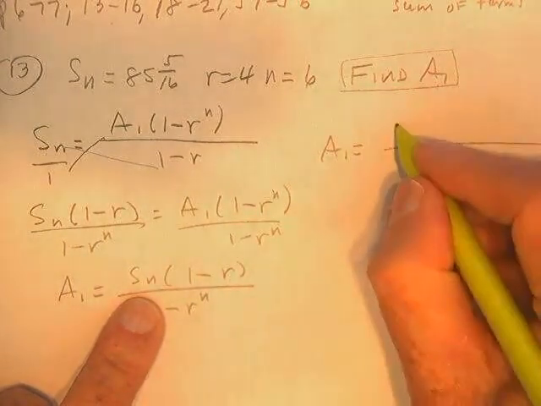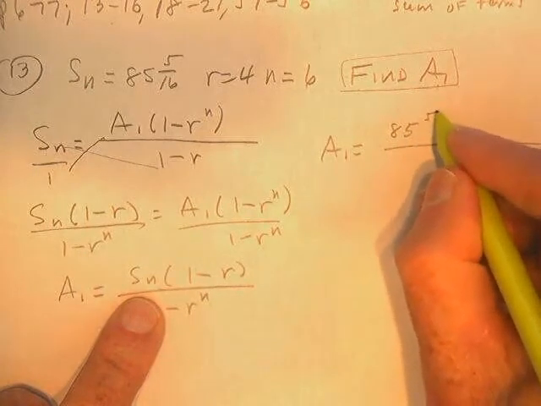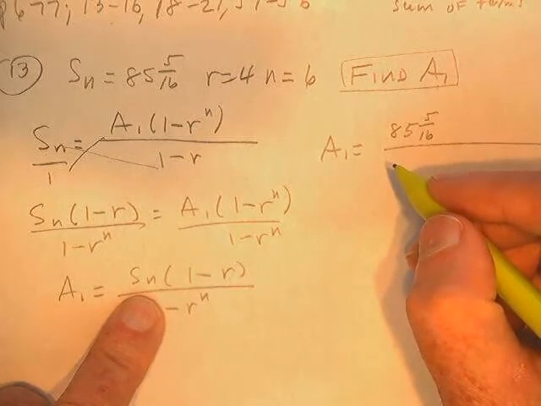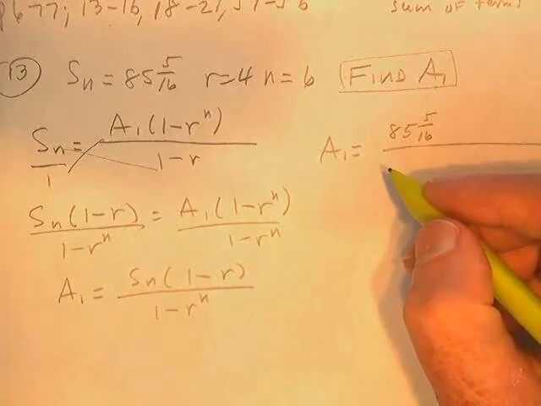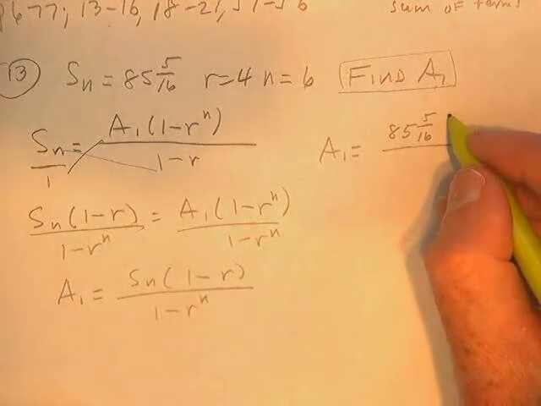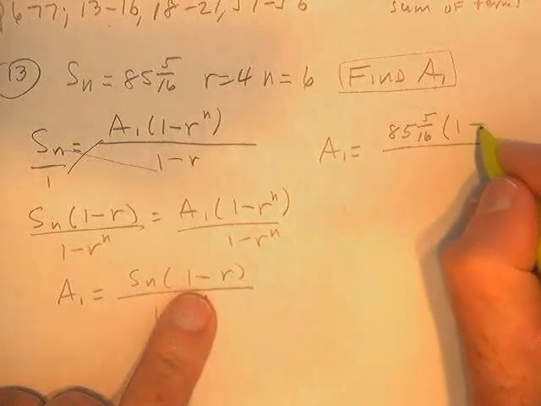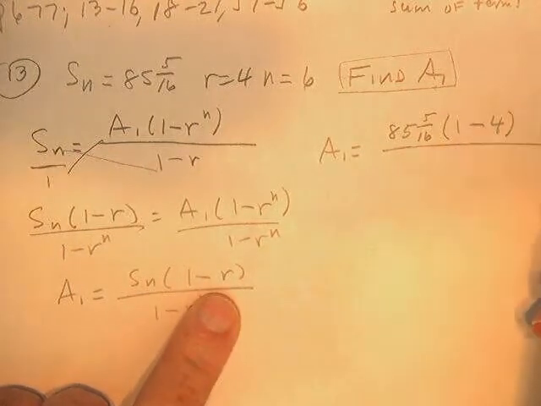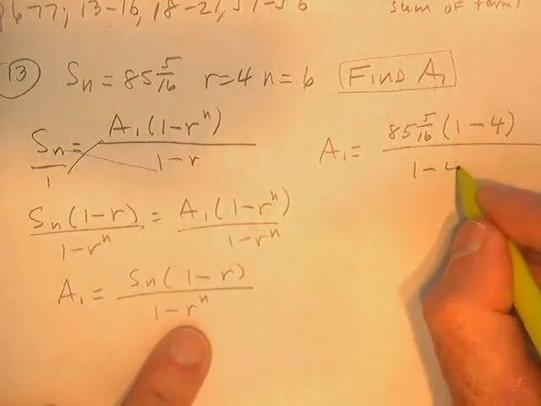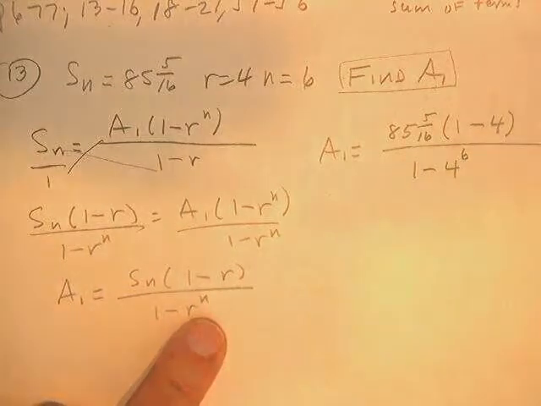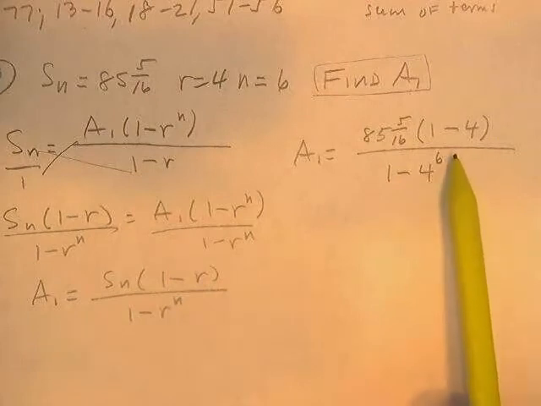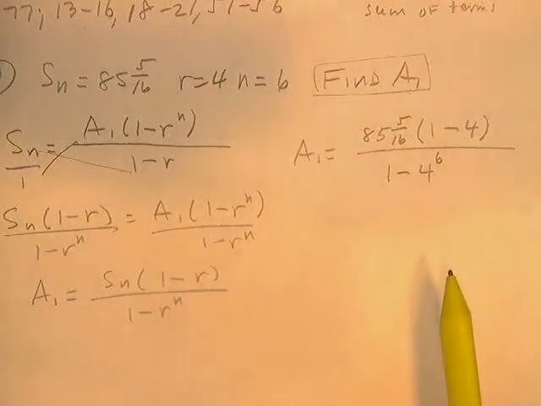Sn is 85 and 5/16. Boy, they gave us a doozy of a number right there. And then let's see, I want 1 minus r. Well, r is 4. And then the bottom I want 1 minus r to the 6th power. And then all I have to do is be able to calculate this, okay?